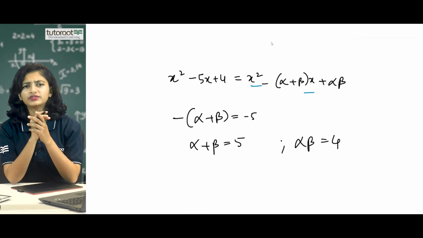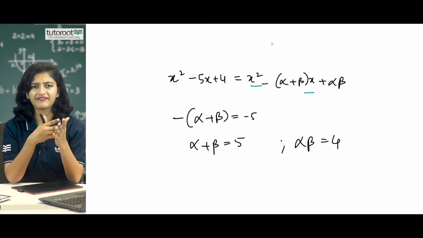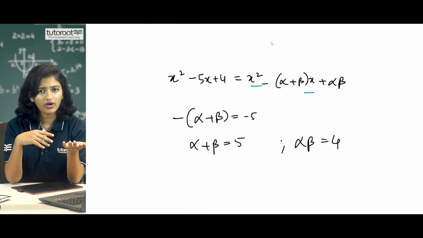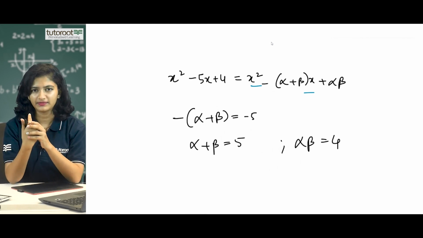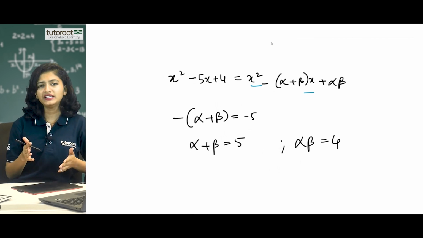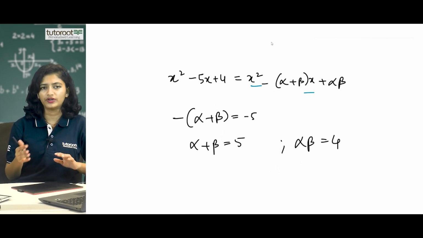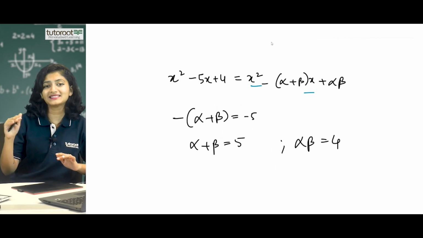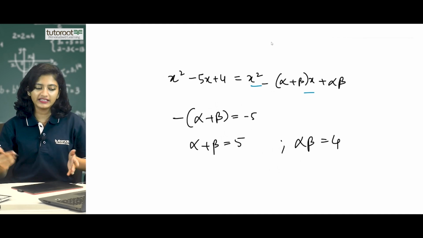Now coming to the topic of relationship between zeros and the coefficients of a polynomial, there are two terms: linear polynomial and quadratic polynomial. Sounds a little confusing, right? Let me explain that to you. A linear polynomial is nothing but a polynomial whose degree is 1. So a polynomial whose highest power is 1 is called a linear polynomial.